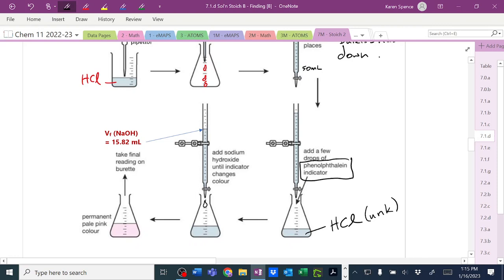So we drip in the sodium hydroxide until the indicator changes color. And our final volume here is 15.82 milliliters. And look, we got a permanent pale pink color. I'm sorry, it all looks like gray on your paper. Okay.